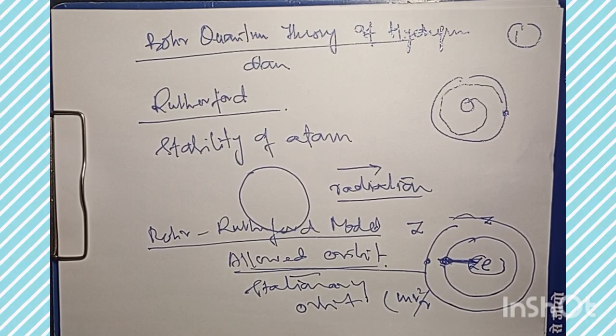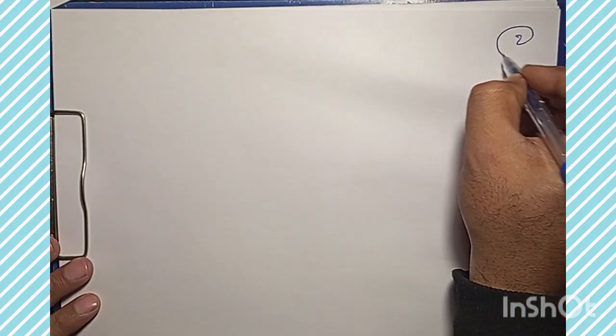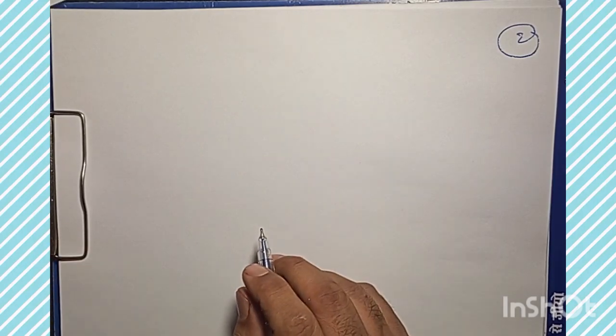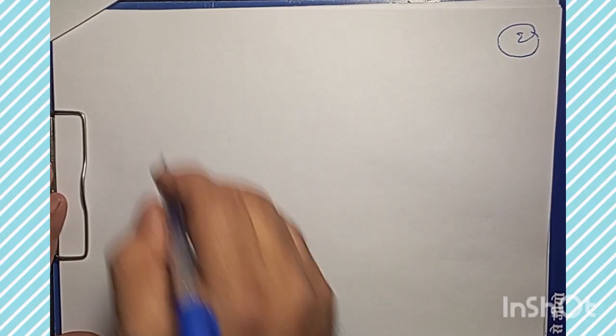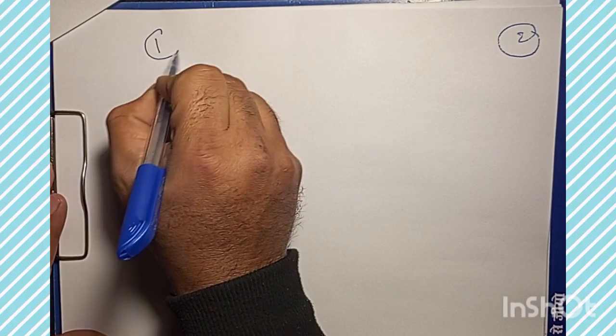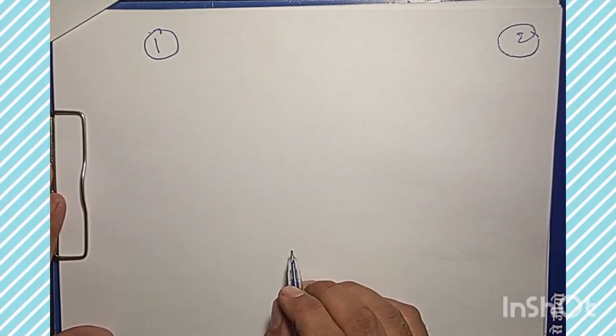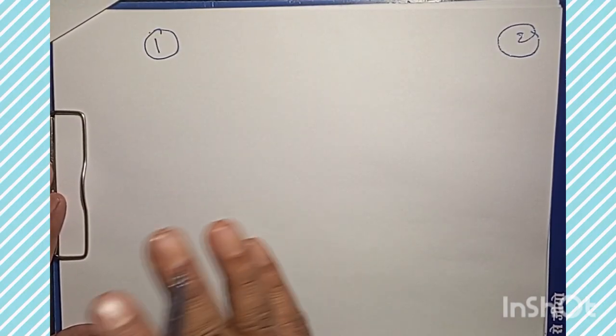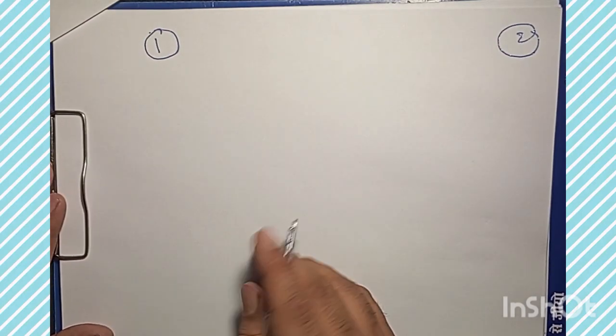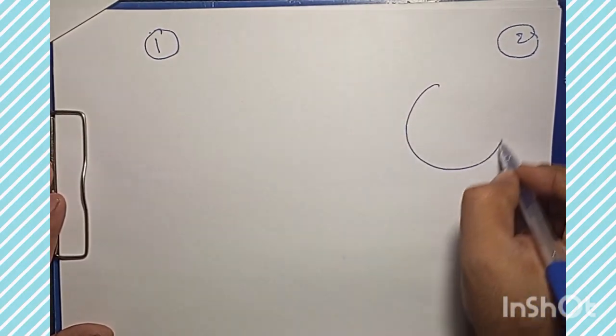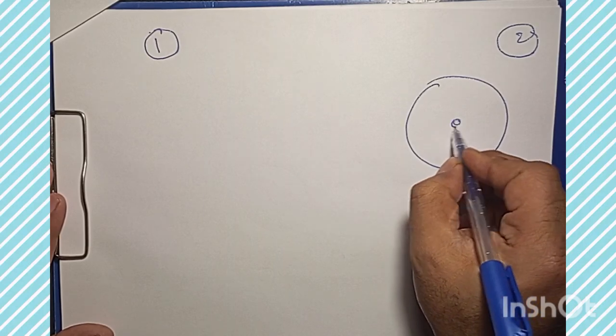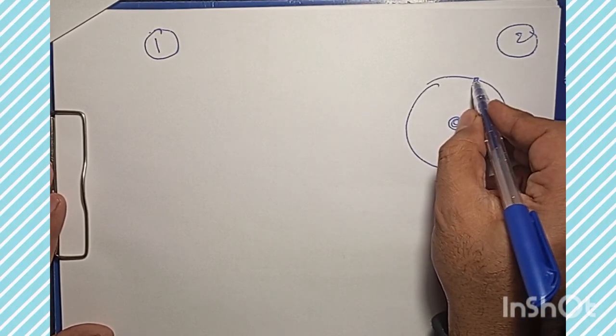So there is a need for modification of Rutherford's model, and the modification is introduced by virtue of these allowed circular orbits. These circular orbits are special because what is presumed here is that the electron does not radiate in these shells.